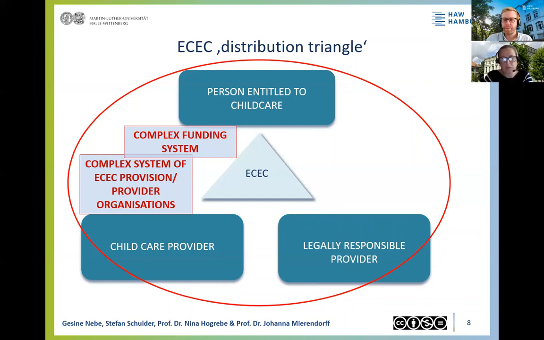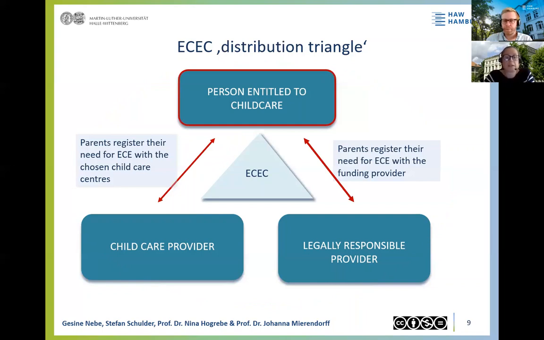At this point, I would like to just emphasize that fees vary depending on the provider organization, region, income of the parents, etc. But altogether, childcare provision funding is taken care of by the state and federal state and the municipalities and the legal representatives of the child, and sometimes, in a rather small share, even the childcare provider organization.